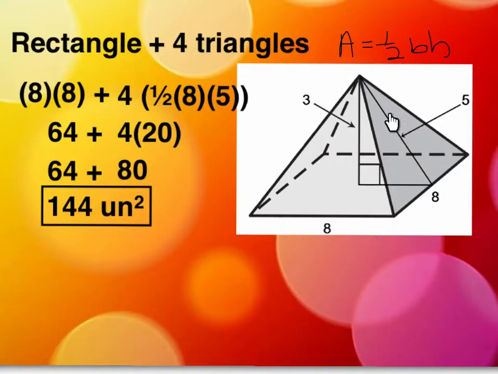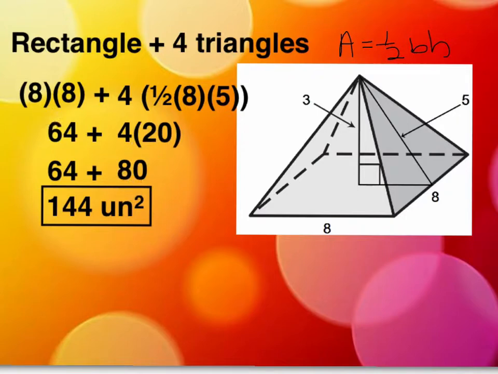Notice this is called a lateral face, and sometimes people refer to this as a slant height because it's a slanted line, but it gives the height of that triangle. If you took it apart and lifted it up, it would be a straight triangle up and down, which would give you the same exact height. So this is 8, and then height is 5. We have 4 of those triangles, so 4 times 20 gave us 80.